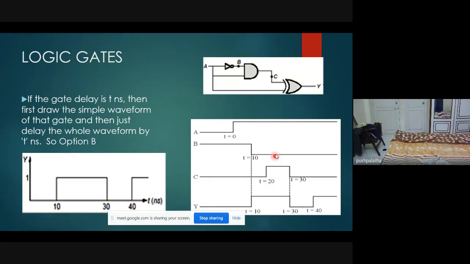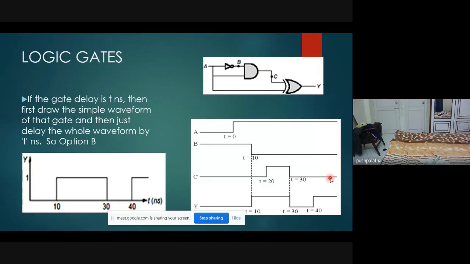Here the output of B is low, and here A is given as 1. So here it is going to be 0. After t equal to 30, because of the 10 nanosecond delay in the inverter and 20 nanosecond delay in the AND gate, after 30 nanosecond only you will get the low value.